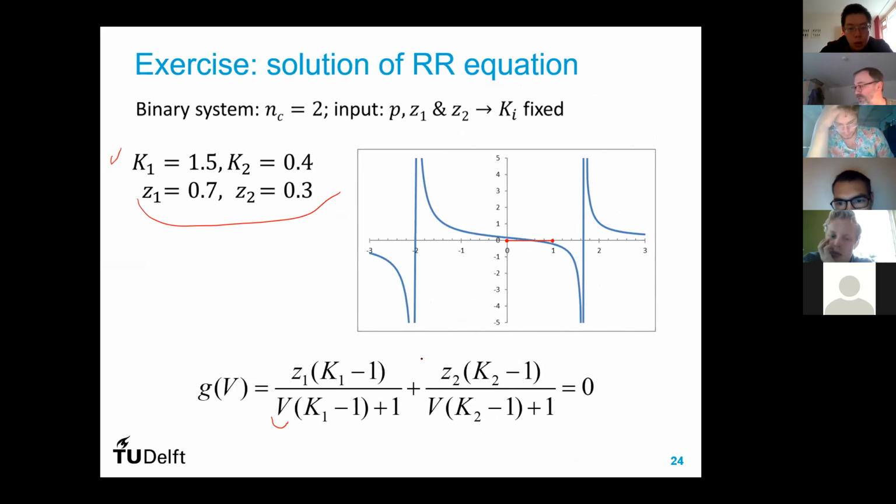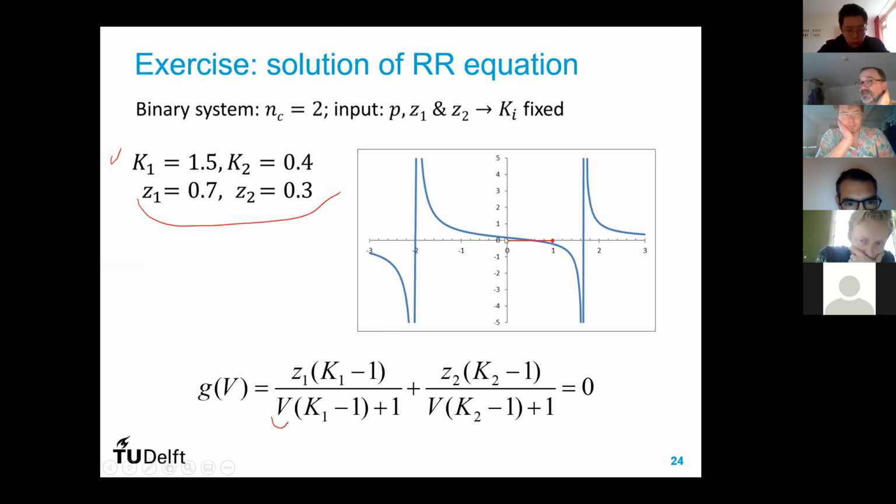So this is my equation. This is a monotone equation if it's in between these two asymptotes. And what I'm interested in, I'm solving it in the interval 0 to 1. So if you want to solve it in the interval 0 to 1 and it's monotone, you can use exactly the same trick.